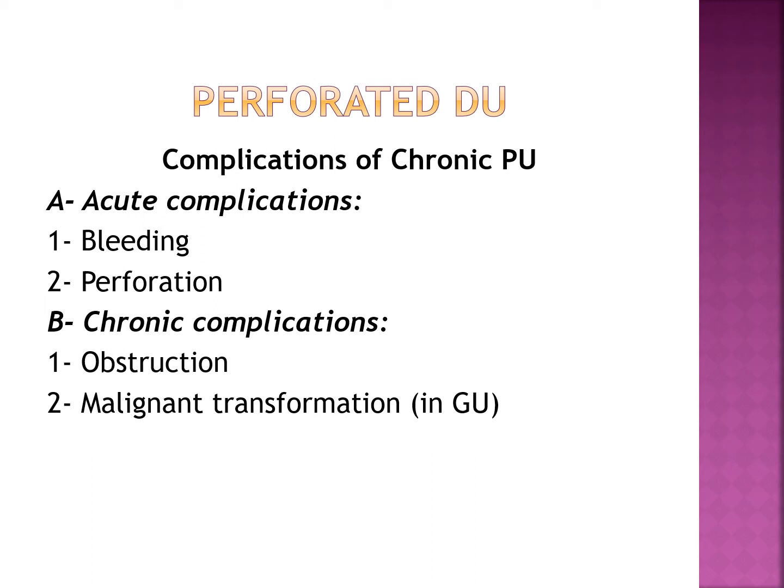Acute complications include bleeding and perforation, and the chronic complications include obstruction and malignant transformation in gastric ulcers. And we will discuss here one of the acute complications, which is the perforation of the duodenal ulcer, which is a very common complication of the duodenal ulcer and might be the first presentation of peptic ulcer disease in almost 1/3 of the patients.